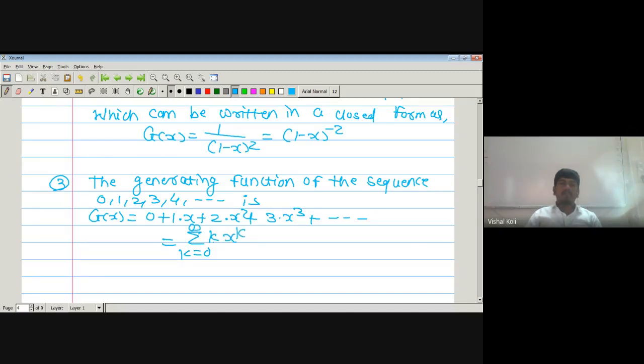If k equal to 0, then it is 0 into 1, that is 0. K equal to 1, then it is 1 into x, that is the second term. Third term will be k equal to 2, that is 2 into x square, and up to so on.